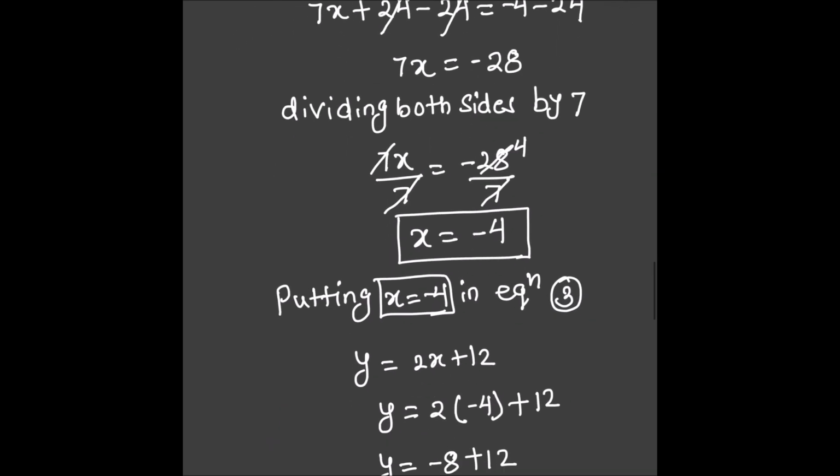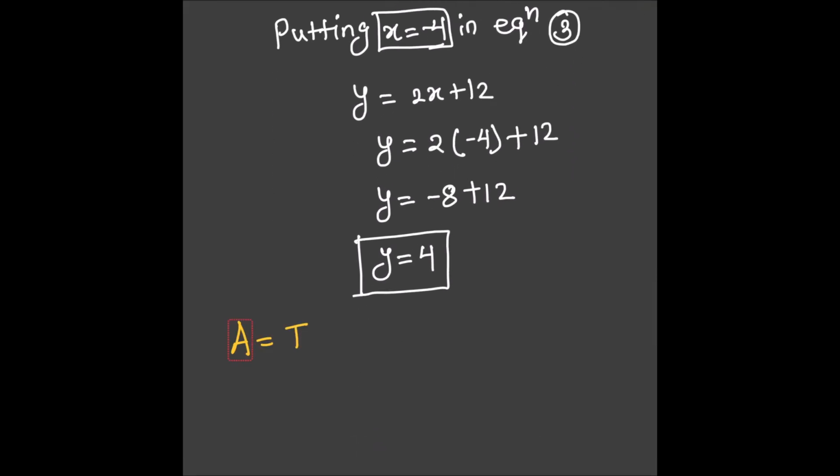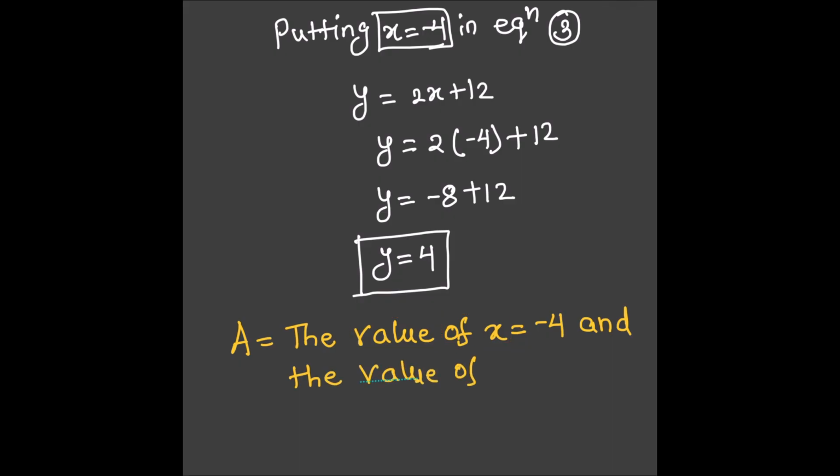So let's write our final answer. The value of x is negative 4 and the value of y is 4, respectively.